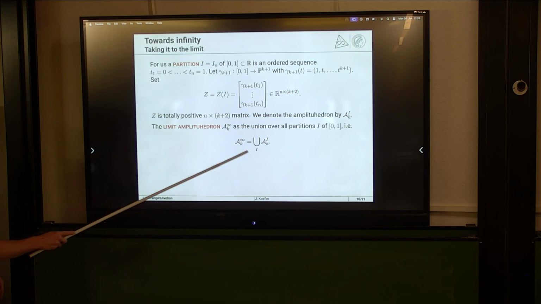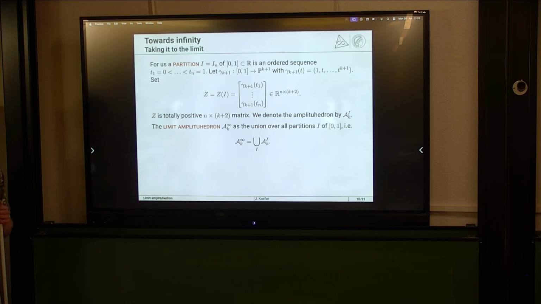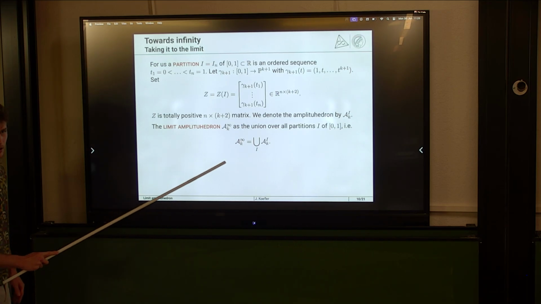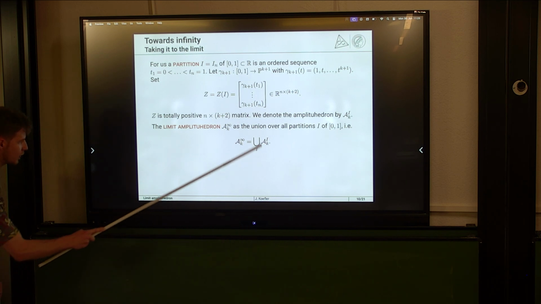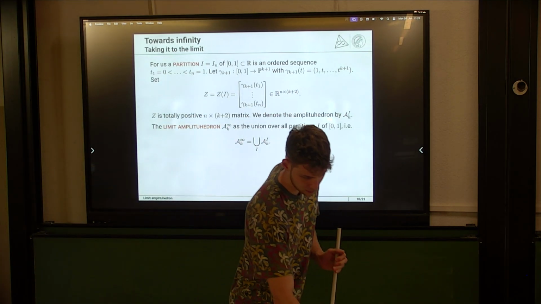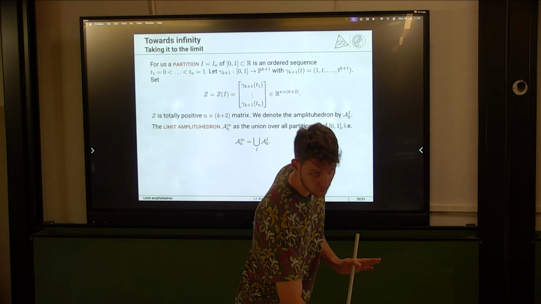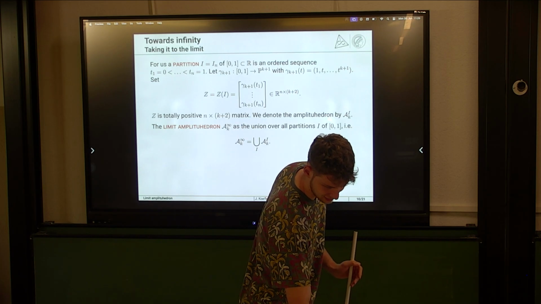And what do I want to say? Well, this union, I just write it over all I, but this is really a union of uncountably many things. So it's not even clear what this object should be, but we want it to be a semi-algebraic set. From this definition, it does not immediately follow that it is a semi-algebraic set. But since we find its algebraic boundary later on, it's a nice set.